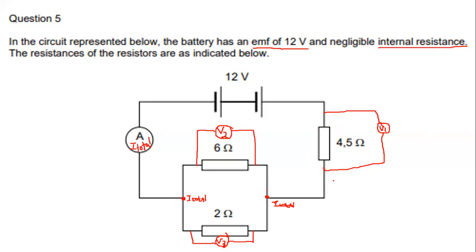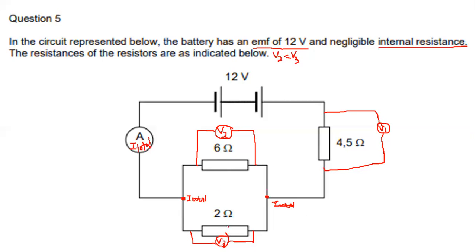Again, my dear learners, what we also know is that if I were to connect the voltmeters here, V2 must definitely be equal to V3. Why? Because these two resistors are not getting the total current. They get the current that has been divided.